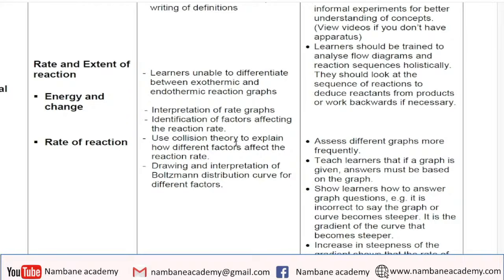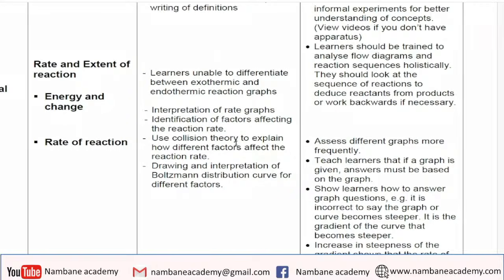A solid will cover everything. Such questions we must be able to respond to because they are investigative questions. With rates, we have a lot of experiments that we must perform. If we are unable to do it, let us at least view videos of these experiments, please. We must be exposed to those formulas.